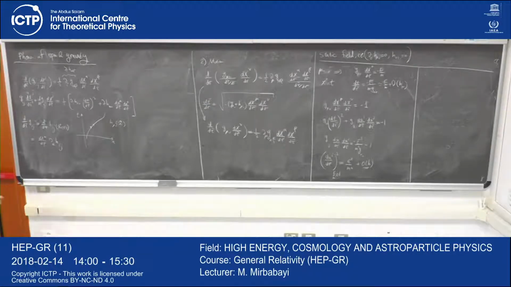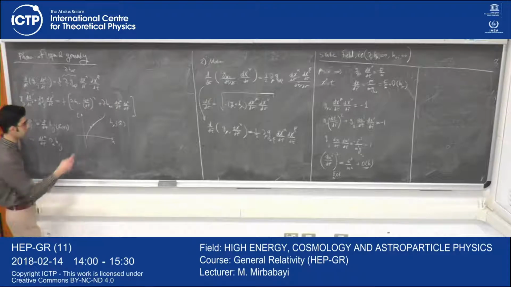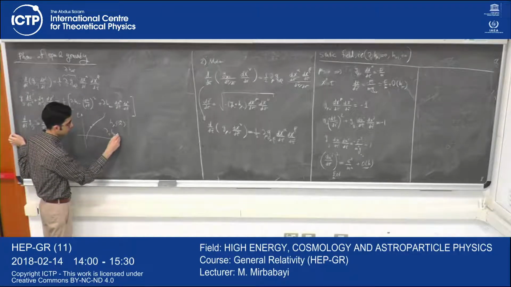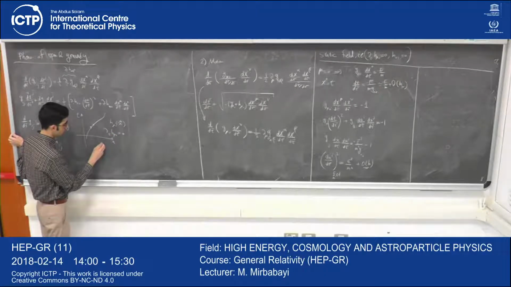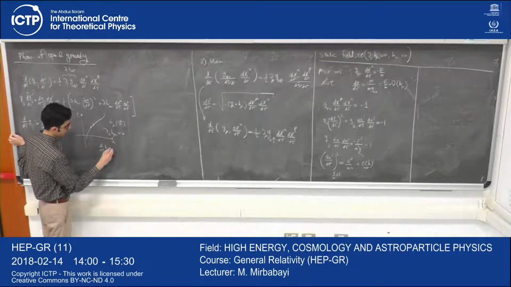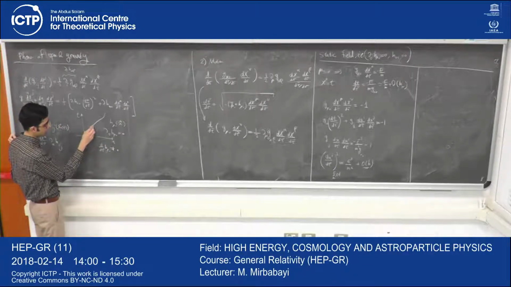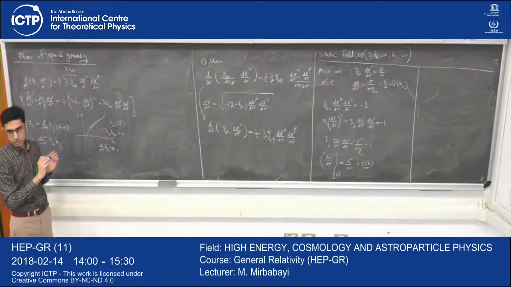So the derivative with respect to t is 0. The t derivative of h mu nu is equal to 0. But the tau tilde derivative of h mu nu is not 0, because it is the derivative along the trajectory. Okay.